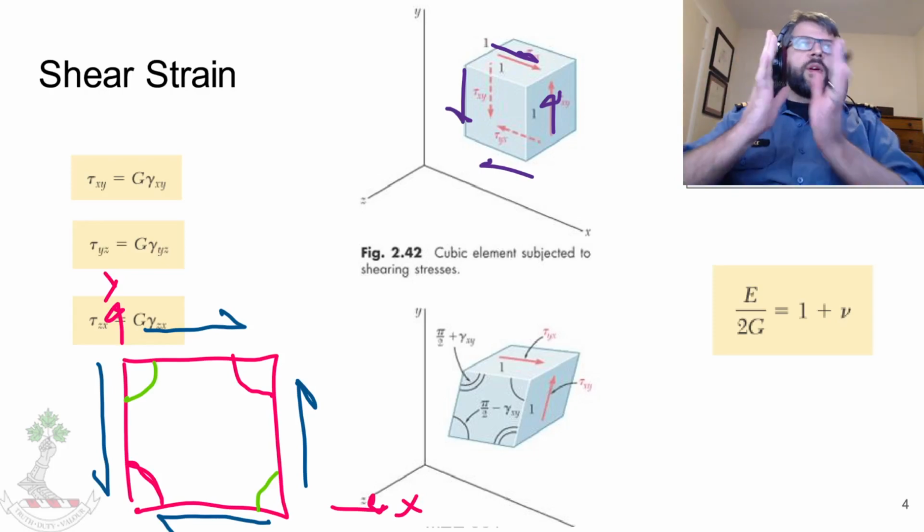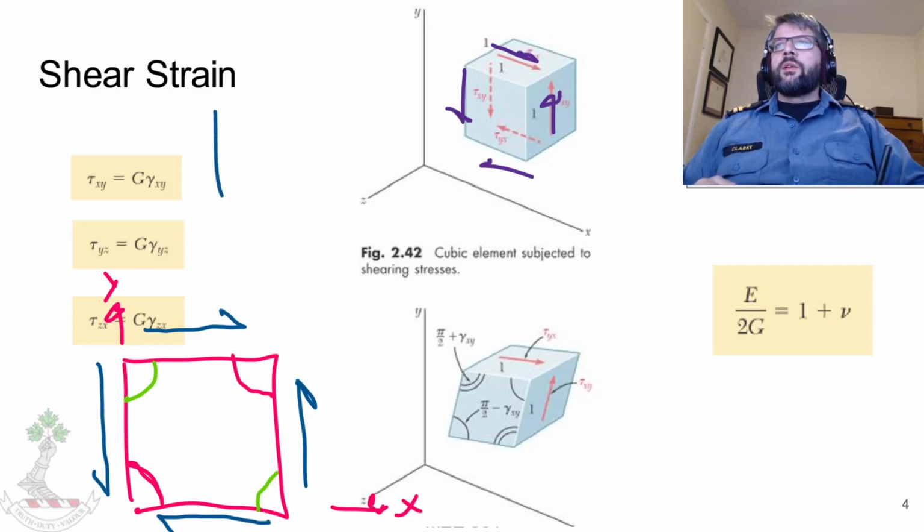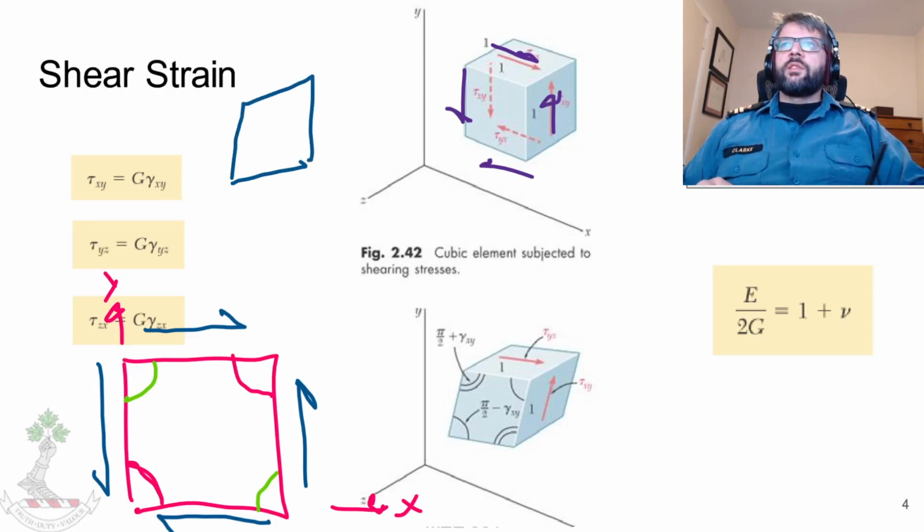That's why having something like this is going to be a positive shear, whereas something like this would be a negative shear.